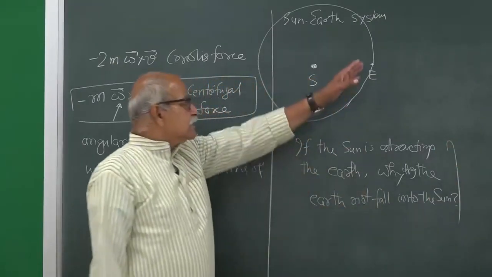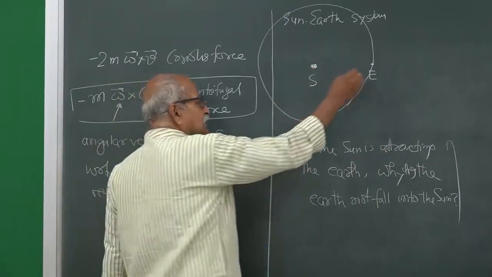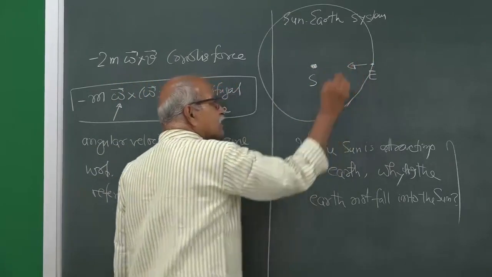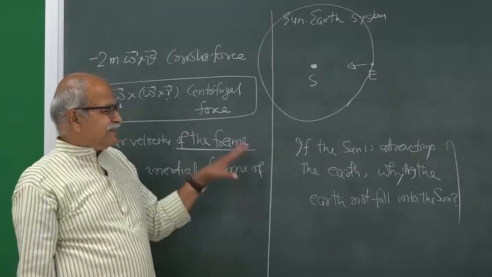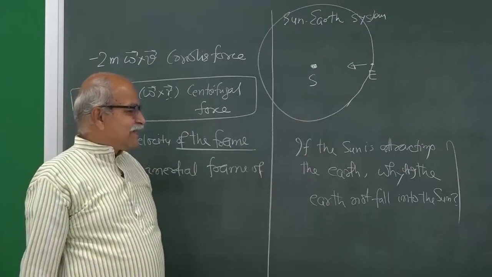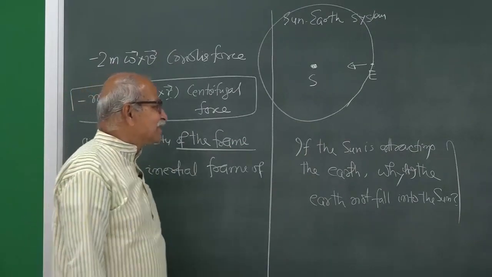Okay. So, why is it not falling on the sun if the sun is attracting it in this fashion? That is a very general question which is asked in interviews and other things.